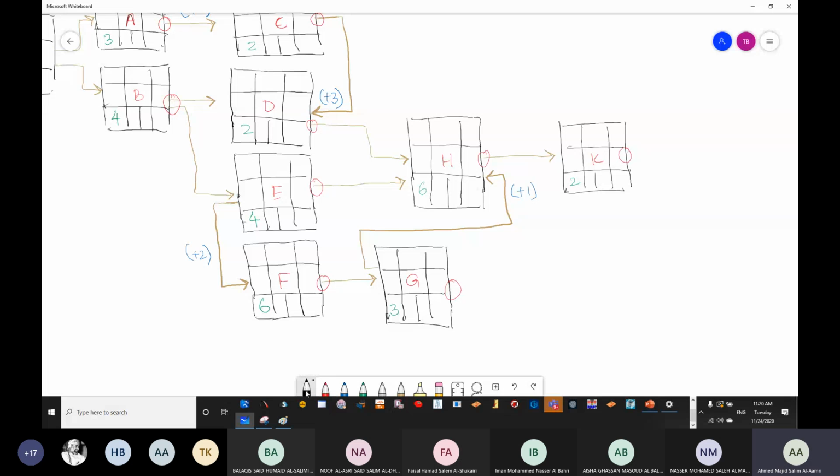So in order to finish them, we are going to have finish or end, and the duration of end is 0. Let me remove the dots.